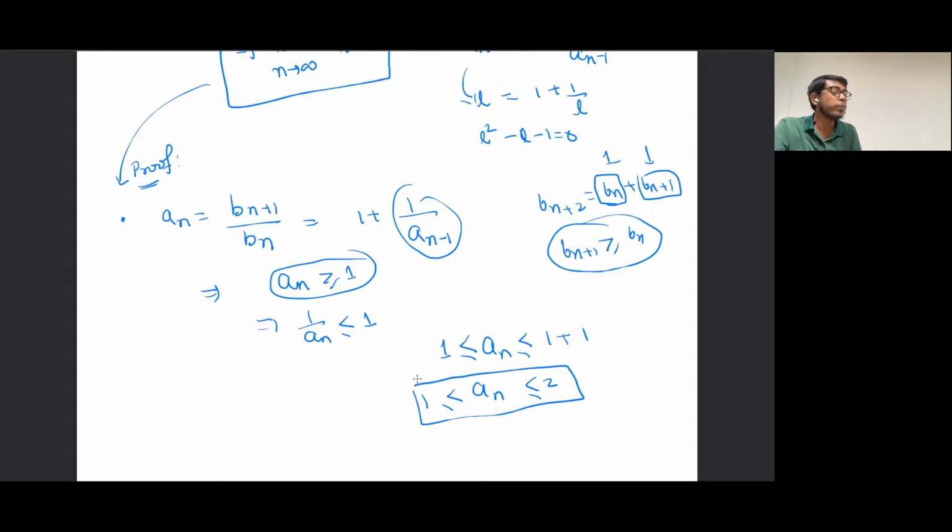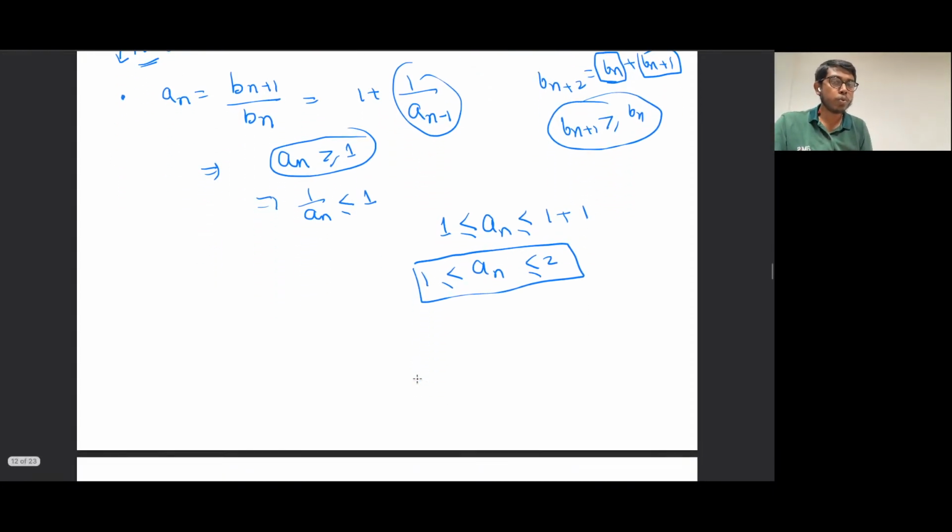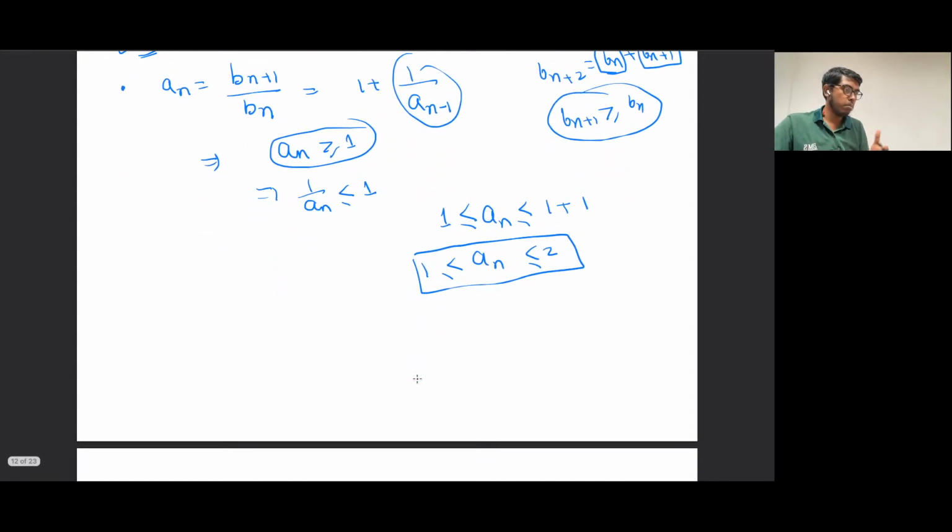Okay, so this sequence is a bounded sequence. But a bounded sequence may not converge. So now we need to show that it's decreasing, increasing, or something like that. So you can check that if you consider the even subsequence a_2n, this is decreasing. I'll show this.